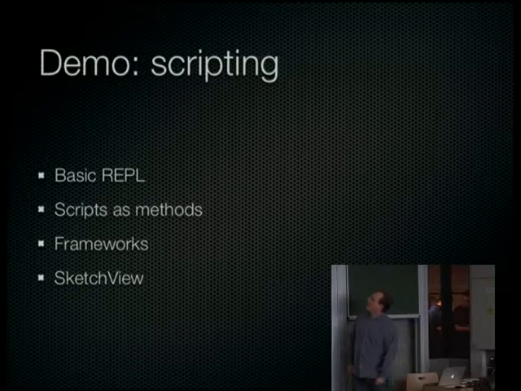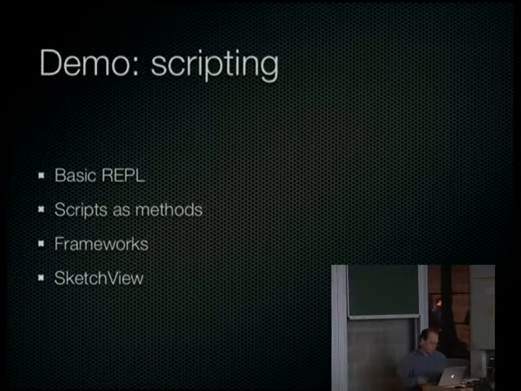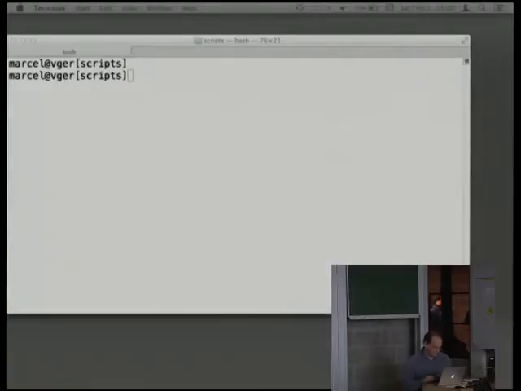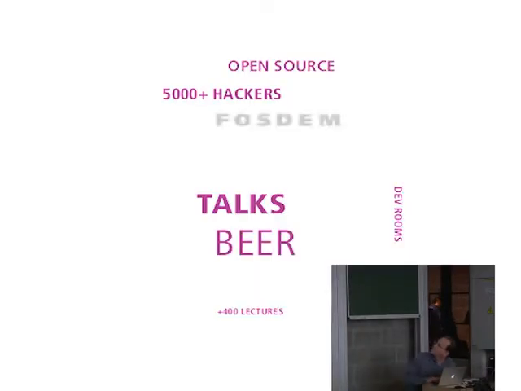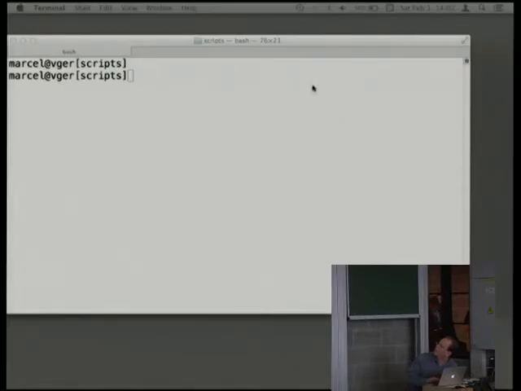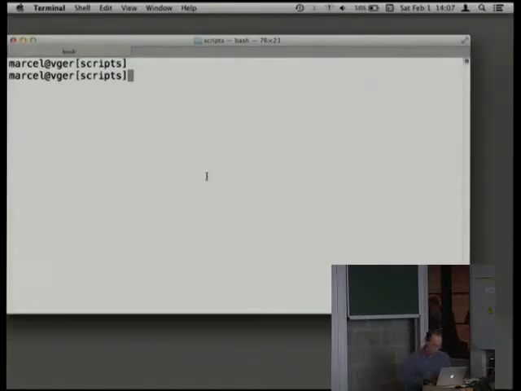So, what do we have? Let's do a little demo. And I hope I can find my cursor. Okay, so we have a Smalltalk scripting shell. And so, we can do 3 plus 4. So, yay, it's a Smalltalk.